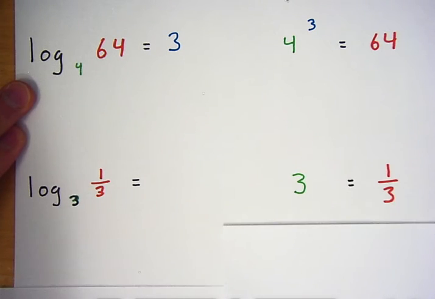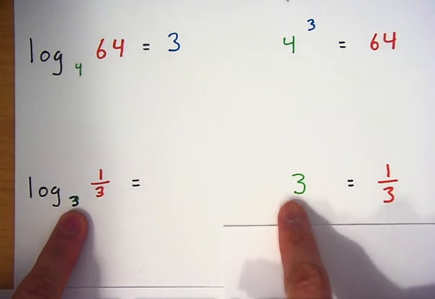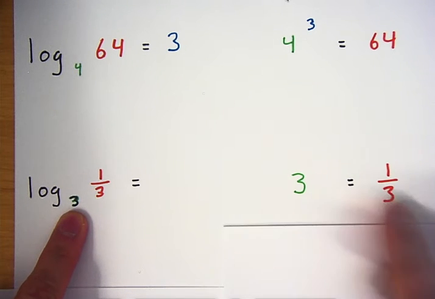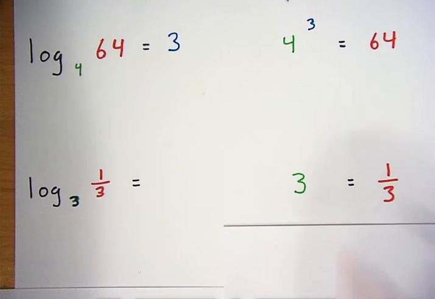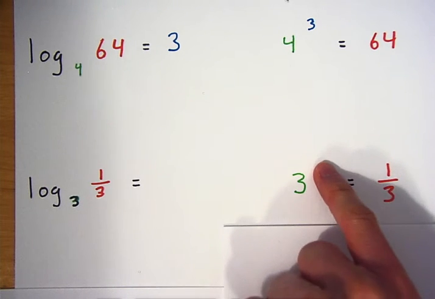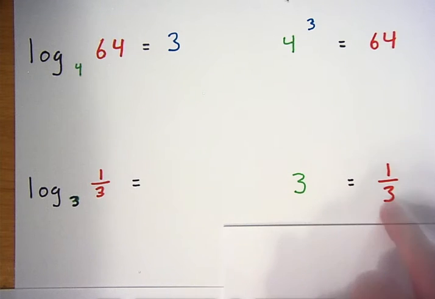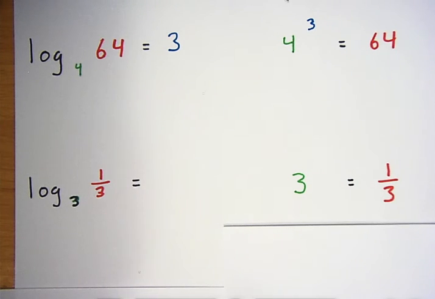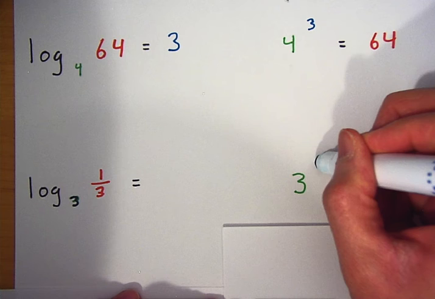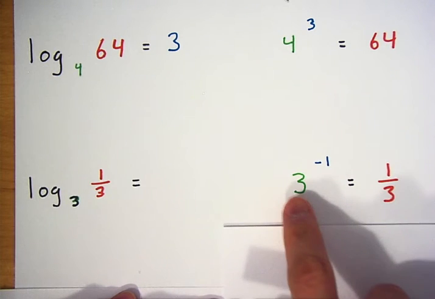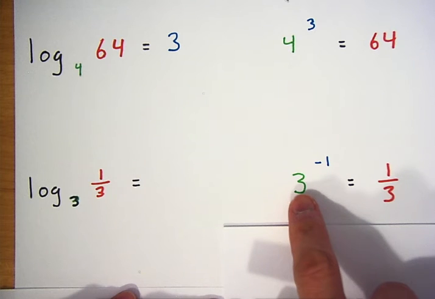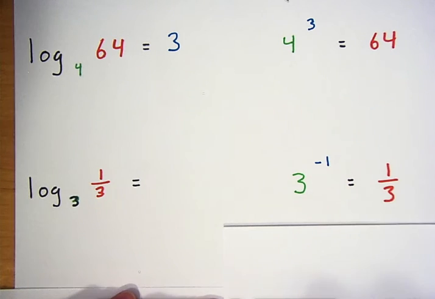So my base is 3. In the exponential, the 1/3 is on the other side. And I'm looking for what exponent would make the left side and right side equal to each other. And it is 3 to the -1 power that would make 3 to the -1 power equal to 1/3.